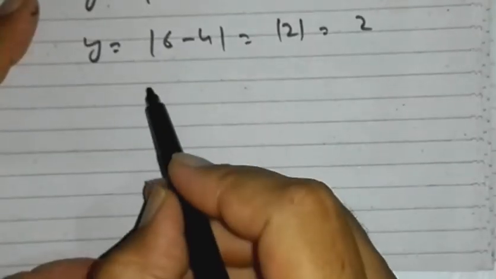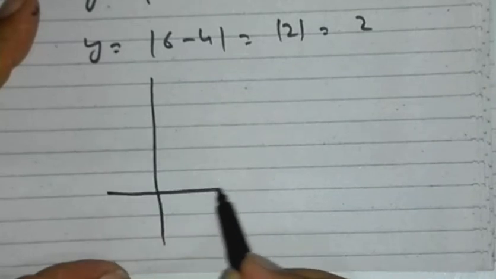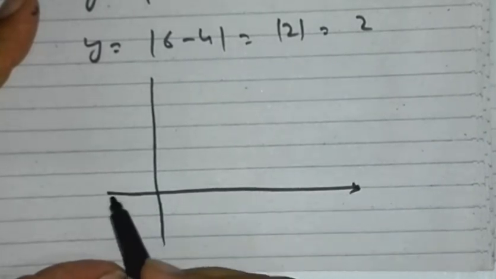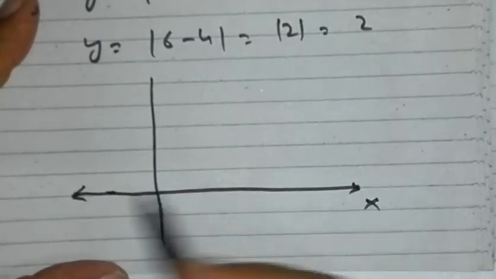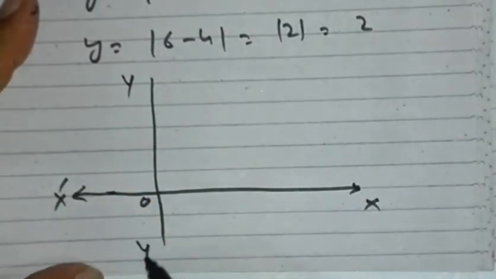So first of all, draw the axes. This is x'ox, y'oy.